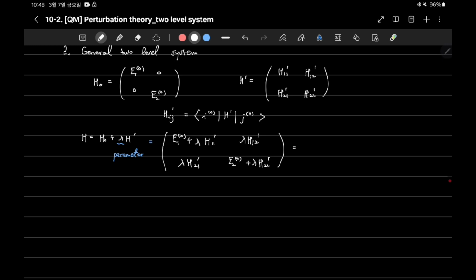In general, this can be written as A, B, C, and here it should be C star, because the Hamiltonian is Hermitian.